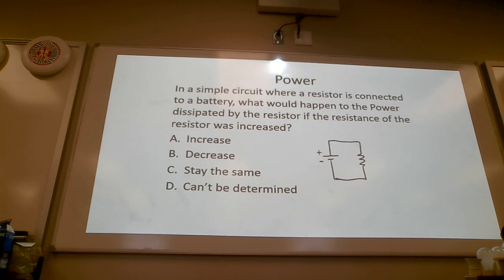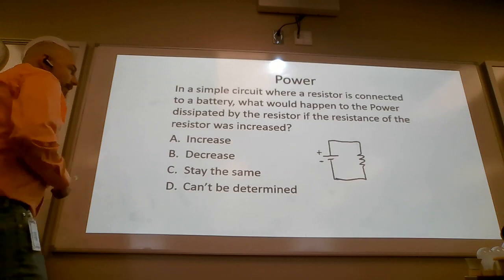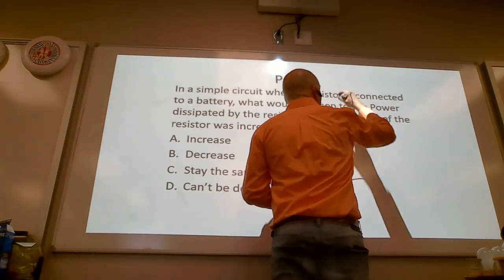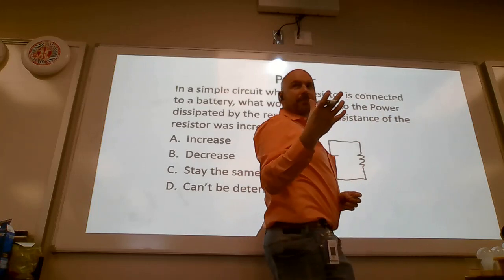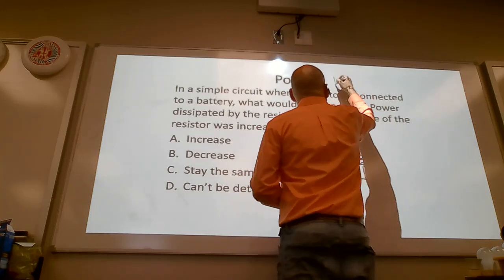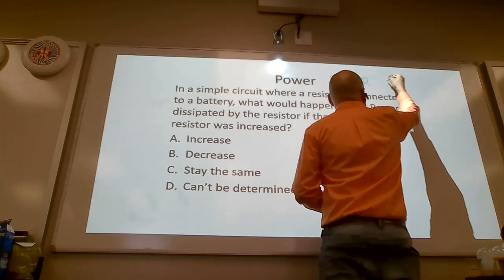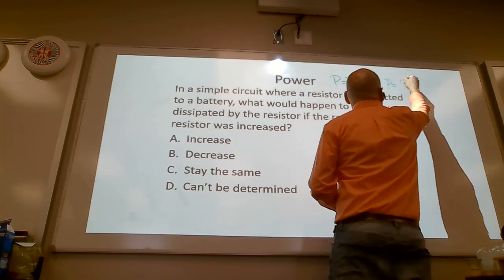What do you say? Got some B's on the table. Consensus B. All right, so I'm going to show you mathematically and conceptually. So we just came up with these two equations for power.